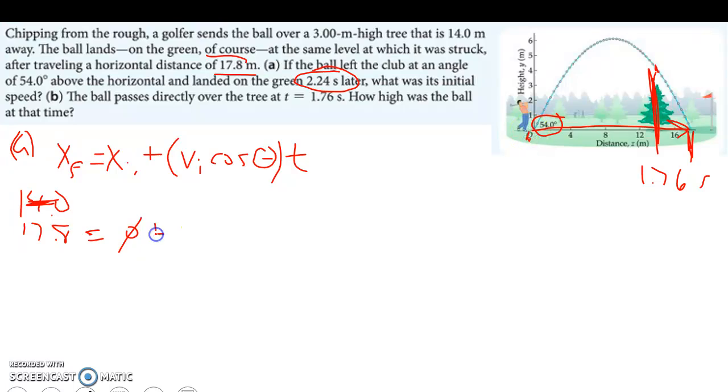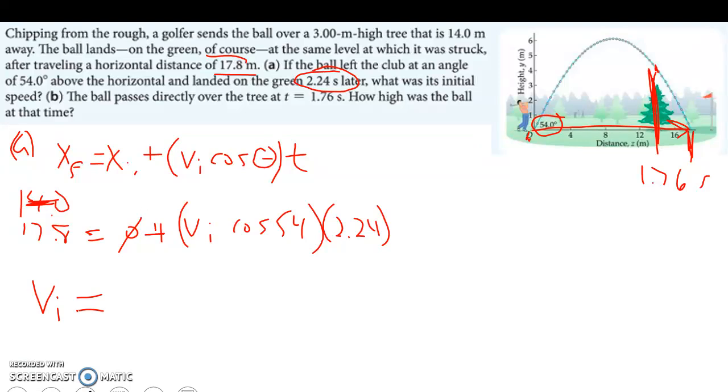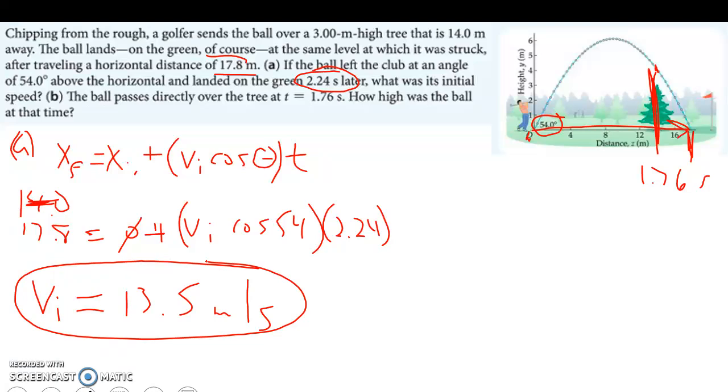I don't know vi, but I know cosine of 54 is my angle, and my time is 2.24. I want to solve for vi. So I would divide both sides by 2.24 and divide by cosine of 54, and I would get vi. What I should get is 13.5 meters per second. And that's the initial velocity, resultant.